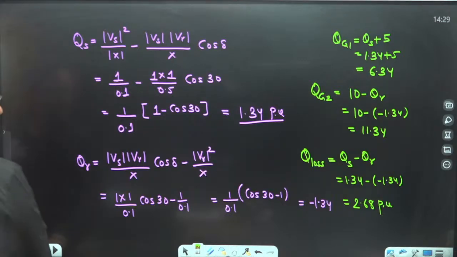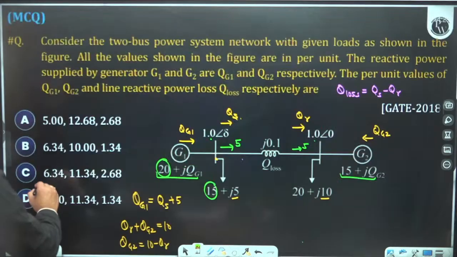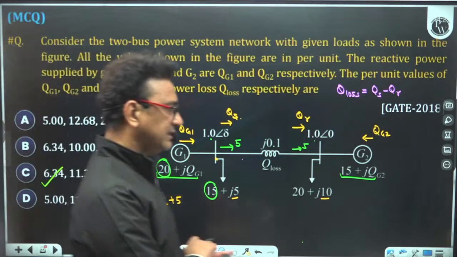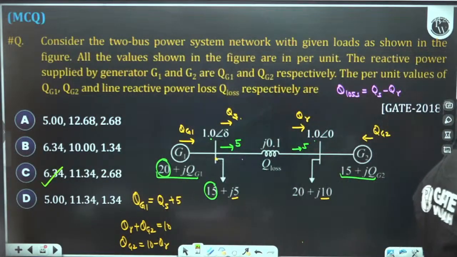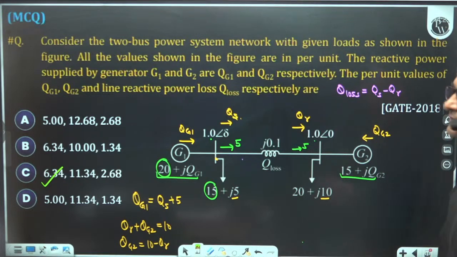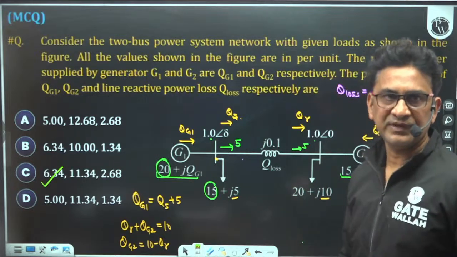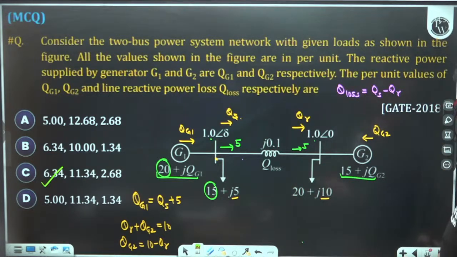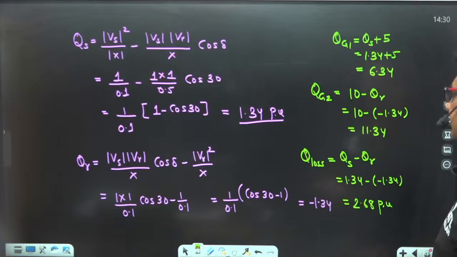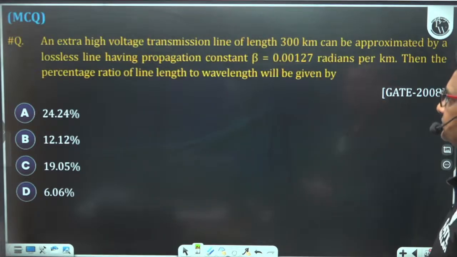So 6.34, 11.34, 2.68. The C is the right option. Clear? Any doubt in this question? It's a very good question. Always remember, in this type of question, by using the data of active power, you first need to find the value of delta, and then from delta you can find the value of reactive power.